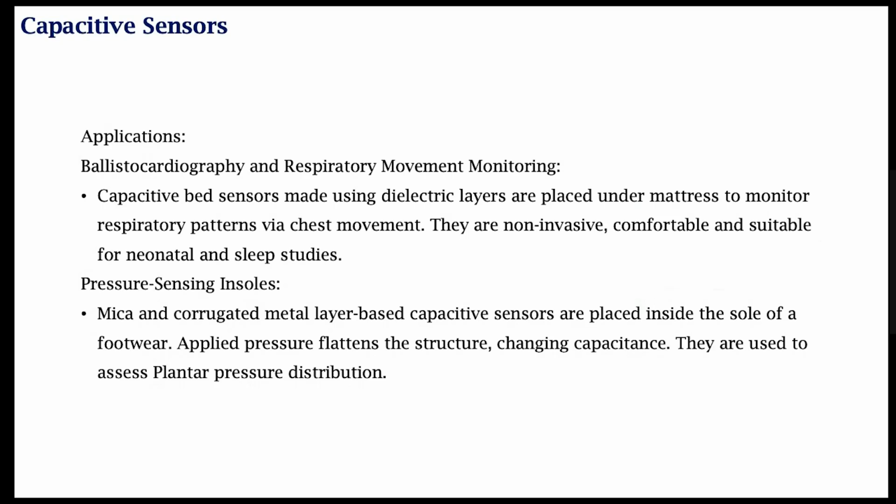Now, measuring respiration in a patient who is moving in an outpatient is much easier. But measuring respiratory rate in a patient who is bedridden, continuous respiration rate monitoring requires having a capacitive sensor below the bed using dielectric layers that are placed below the mattress, so that as the person is breathing in, the thickness of the dielectric will change.